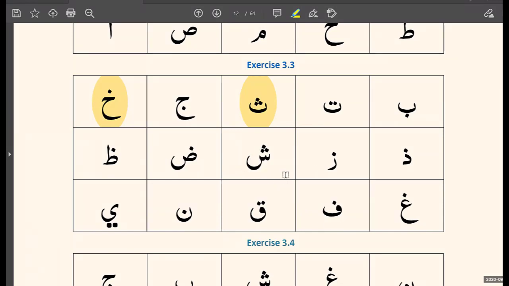Which letters will be permanently pronounced with a thin sound? Remember, thin sound. How many letters? 3 of them. Which ones? The sheen, za, and zal. Okay, good. So zal, za, and sheen will be pronounced with a thin sound, and the other two letters, dod and dha, will be permanently thick. This time your answer is good.